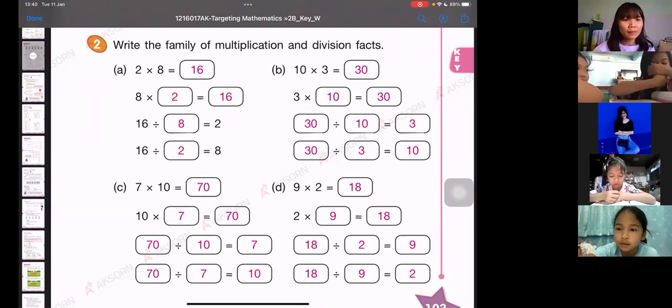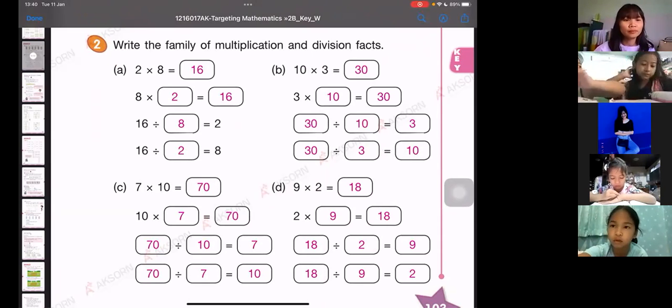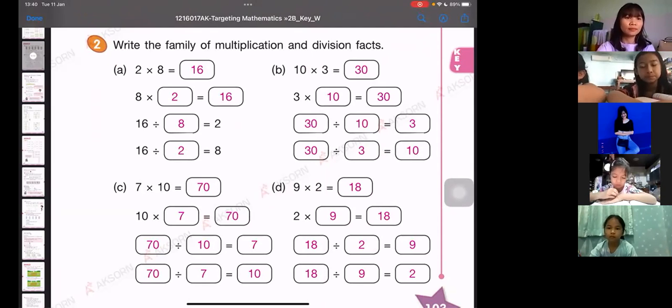Now 10 times 7 is how many? 70 also. Now 70 divided by 10 is equal to 7. Now 70 divided by 7 is 10. Now letter D. Look at letter D.